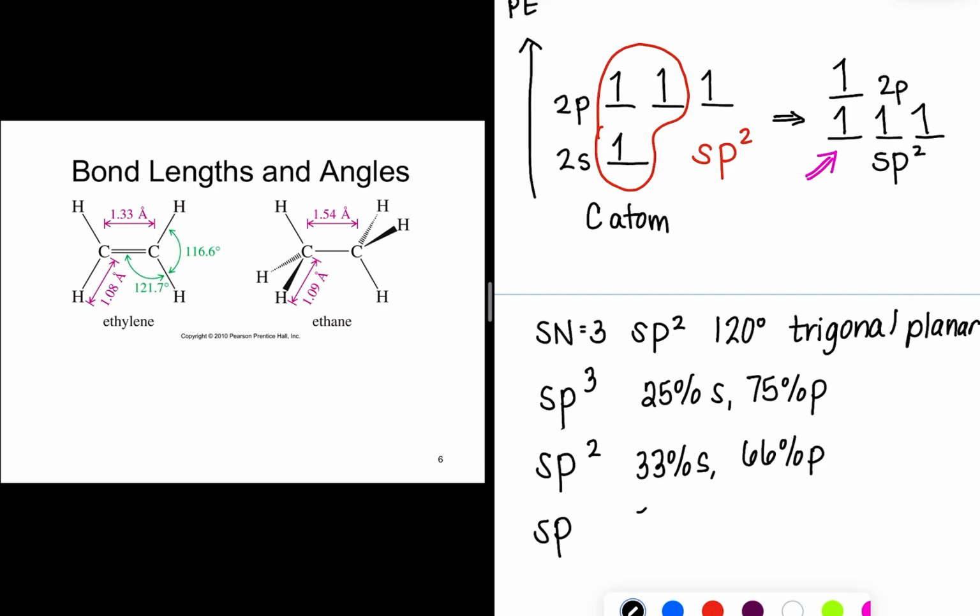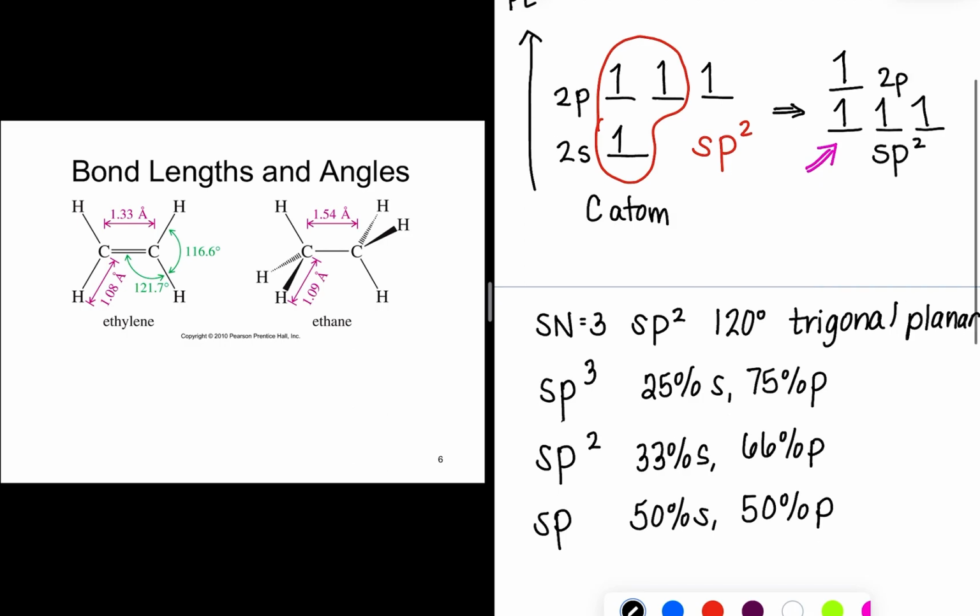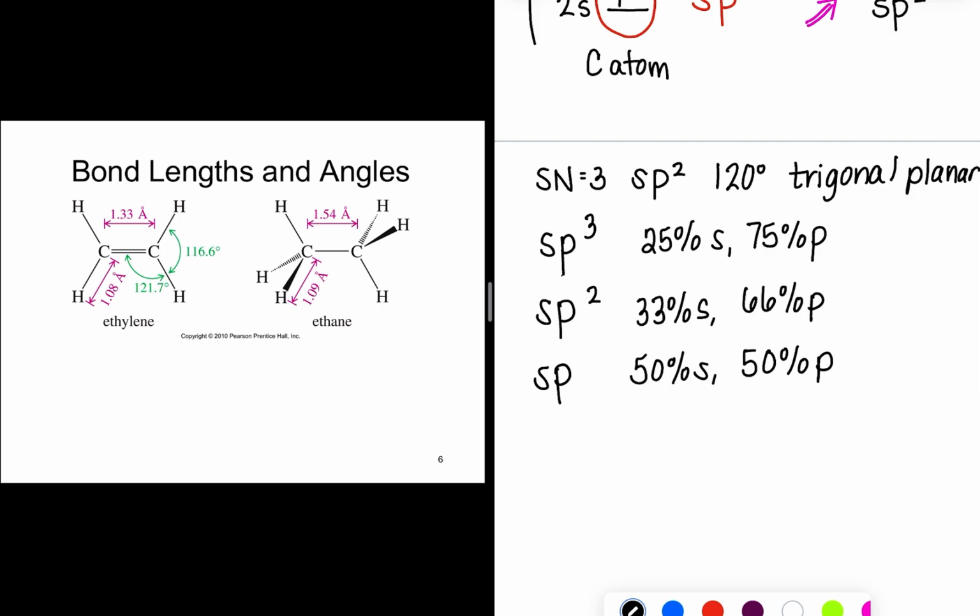For an sp in a triple bond, this would be 50% S and 50% P. The p orbitals look like a dumbbell. This would be a p orbital, the shape. And the s orbital is more like a sphere. So when you have more s character, the bonds are going to be shorter and they're going to be stronger.